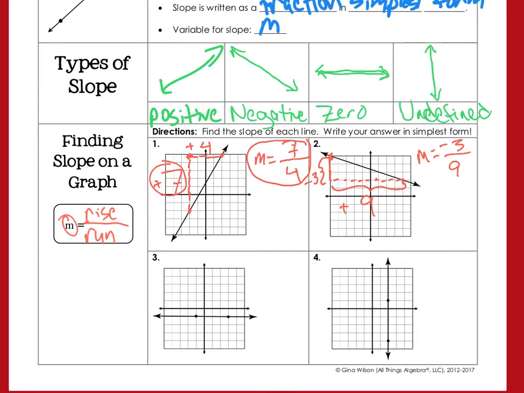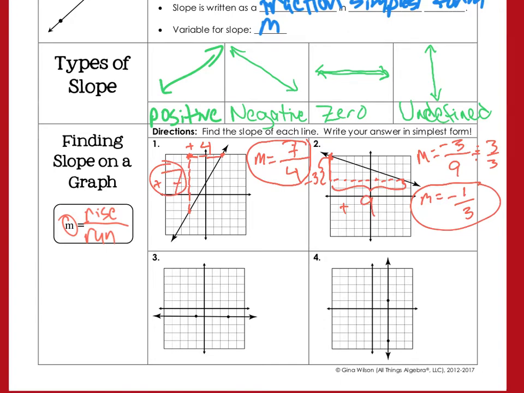We want it in the simplest form that we can get. So what's a common number between 3 and 9? Hopefully you're saying it's 3. So I can divide out a 3 there. Negative 3 divided by 3 is negative 1, and 9 divided by 3 is just 3. So our slope is negative 1/3. And I'm hoping you're seeing that that makes sense because it's a negative slope. We are going down from left to right, so that makes sense.